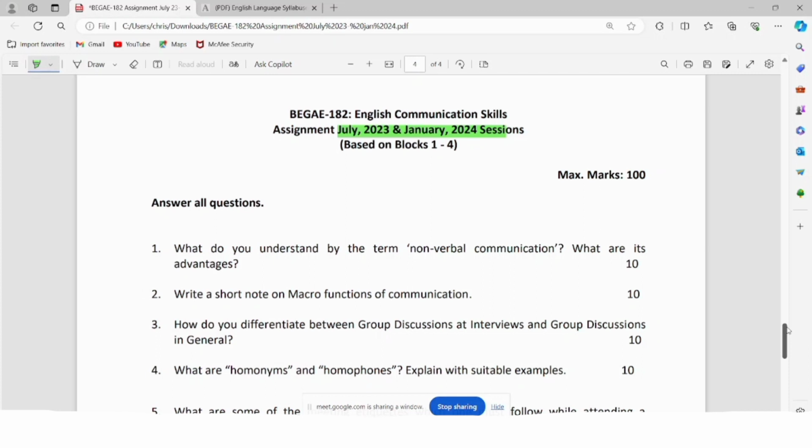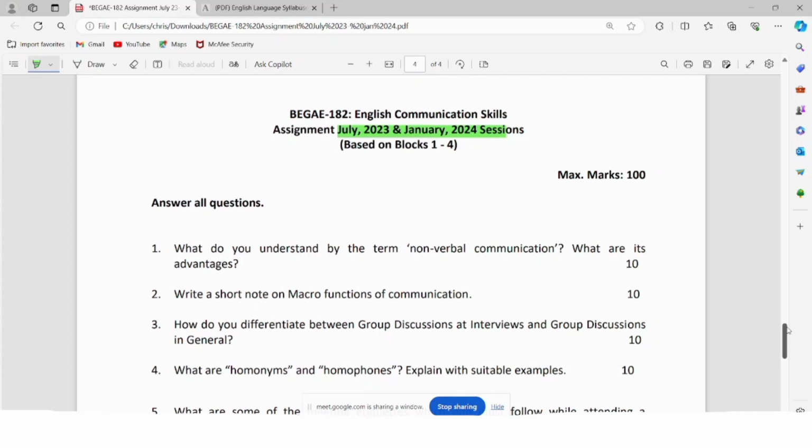If you are interested, I can help you with the specific unit to which this belongs. So this topic comes under Unit 3 of block 1. Is that clear?